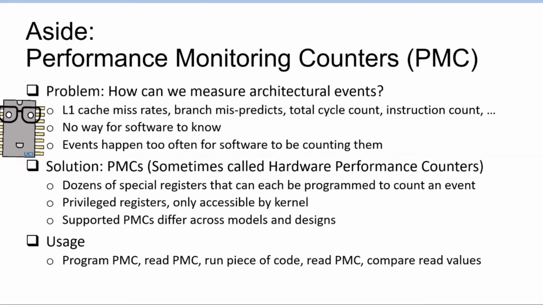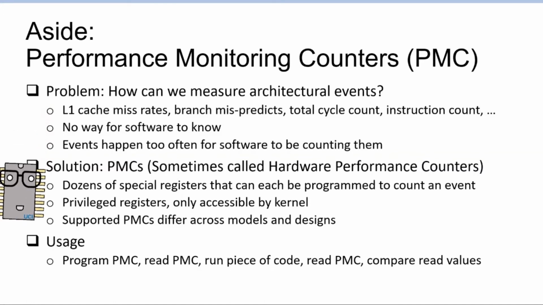So even if there was a way for some interrupt handler to be called for user-defined software to keep track of them using an array or a register, it's too fast for the software to be handling them at any reasonable performance. So PMCs, performance counters, are the solution to this problem. These are also sometimes called hardware performance counters, depending on which document you're looking at. So PMCs or PCs or HPCs.